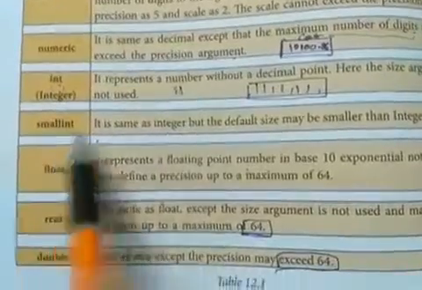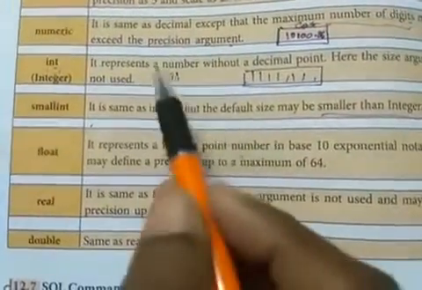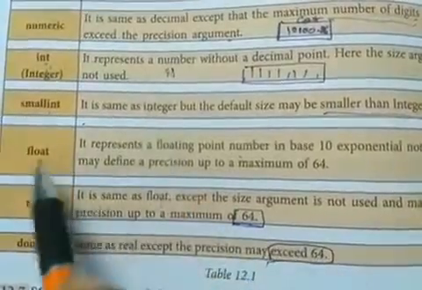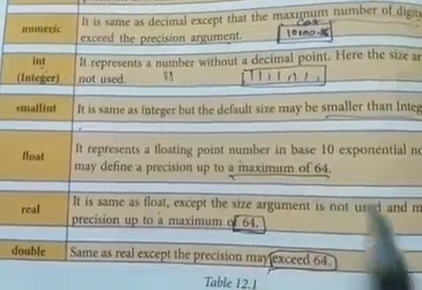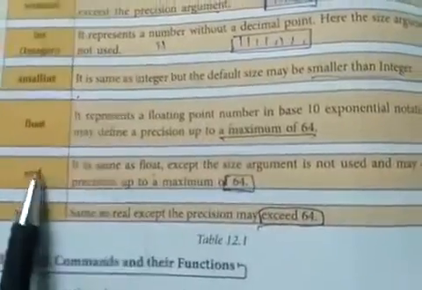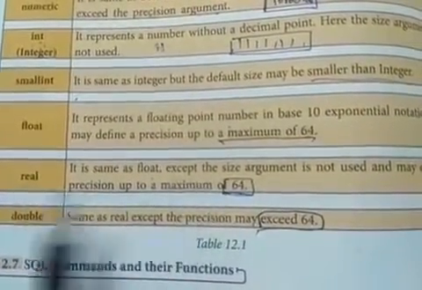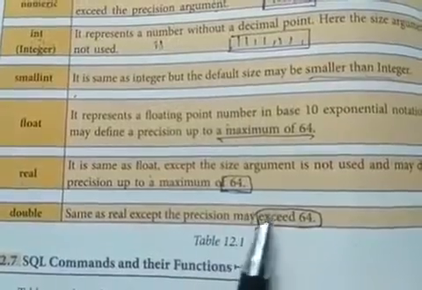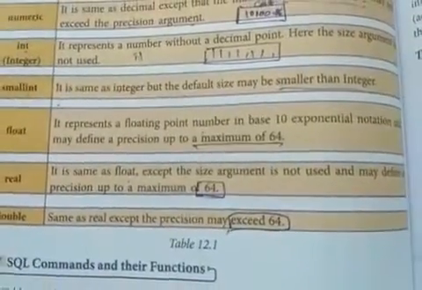Small integer, which will take a smaller value than integer, so its size will be less than the integer size. Float will take a maximum of 64 characters. Real will take more than 64. Double will also exceed 64. More than 64 values we can type.